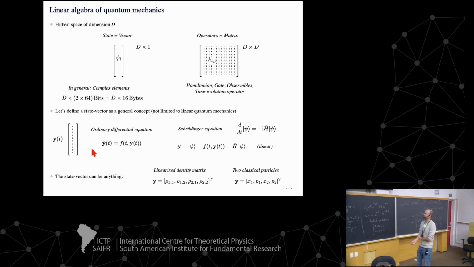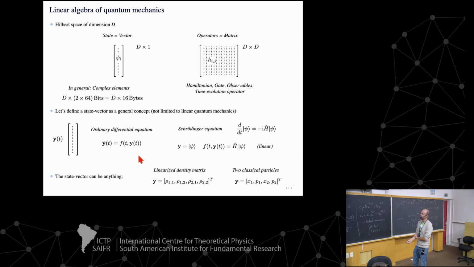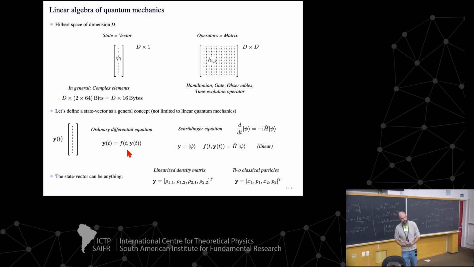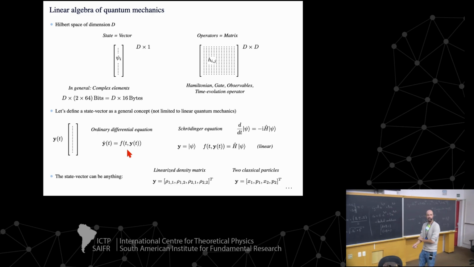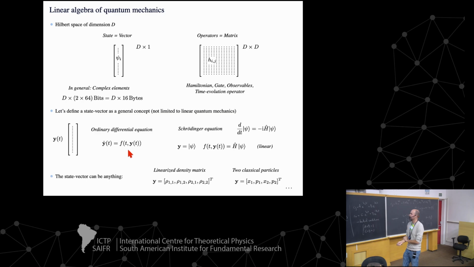In general, I can have just an ordinary differential equation, meaning that the time derivative of the state vector is going to depend on some function, which can depend on the time, and it can also depend on the state vector itself. This is typically what happens in classical physics. You get nonlinear equations, meaning that at every point in time your Hamiltonian, in a sense, changes.